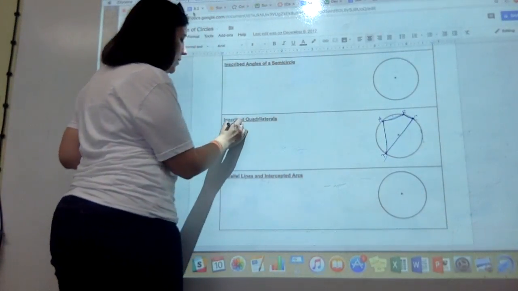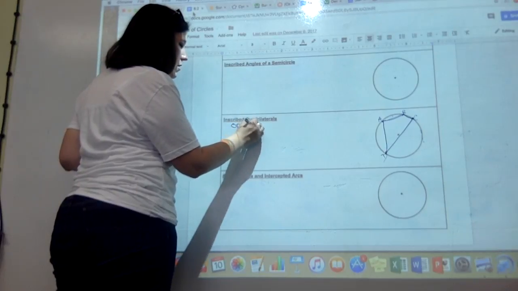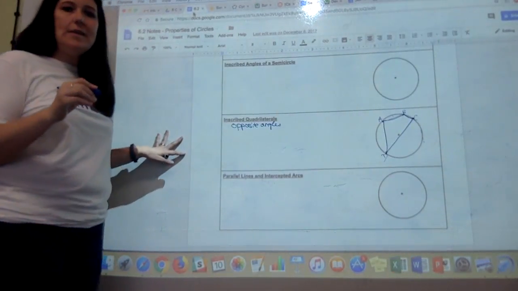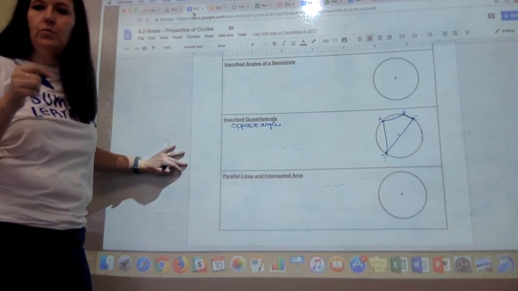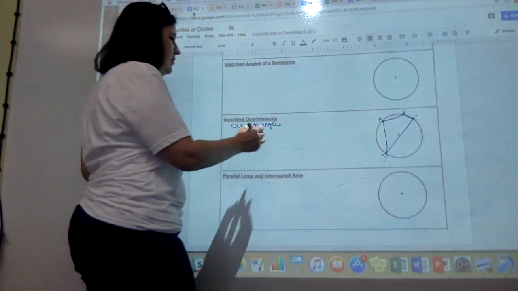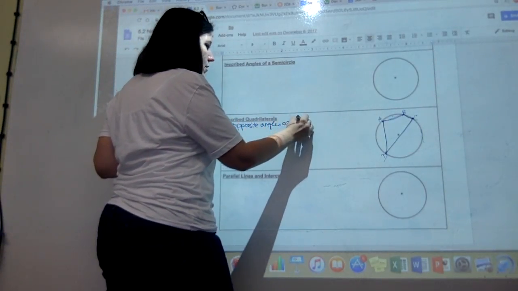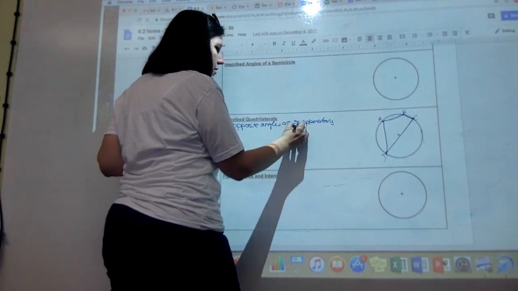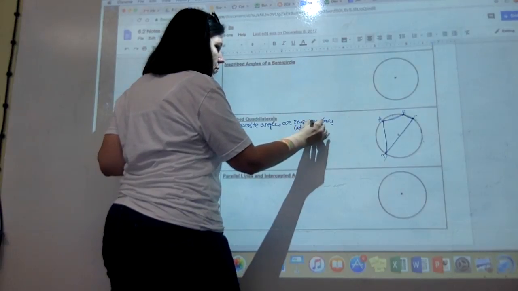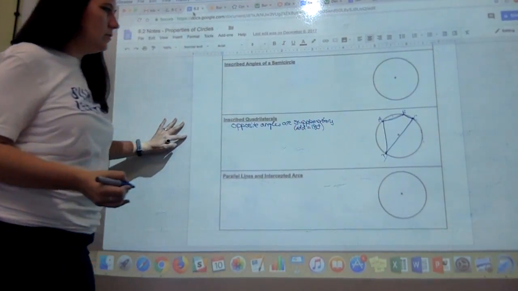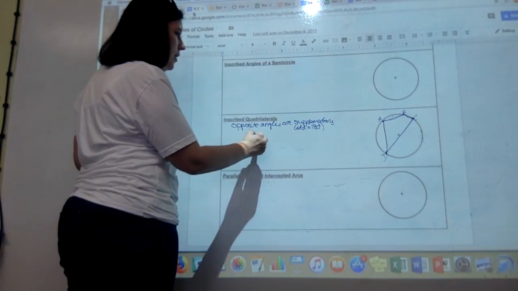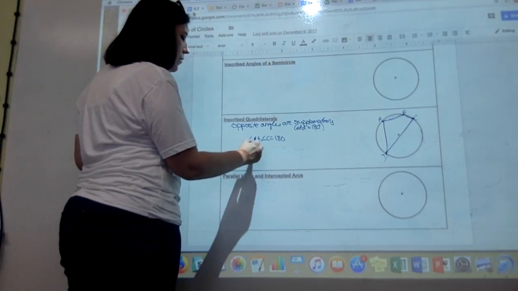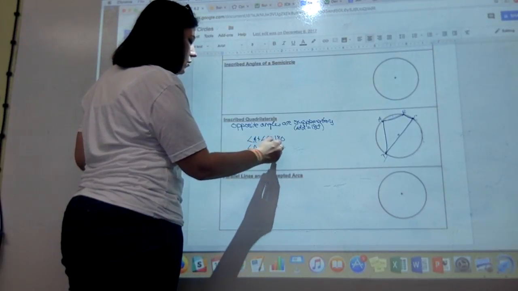So we know the opposite angles are supplementary. Angle A plus angle C would have to equal 180, and angle B plus angle D would have to equal 180.